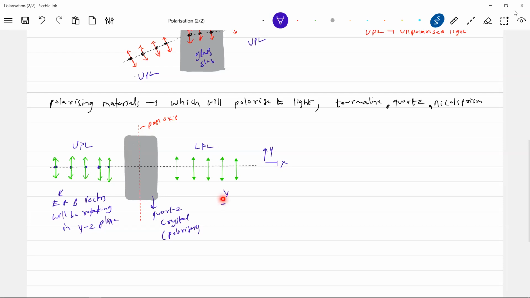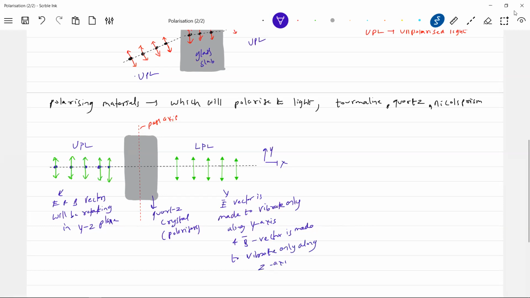E bar, B bar vector, sorry, E bar vector is made to vibrate only along y-axis, and B bar vector is made to vibrate.